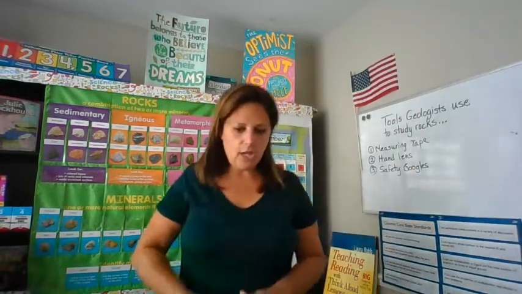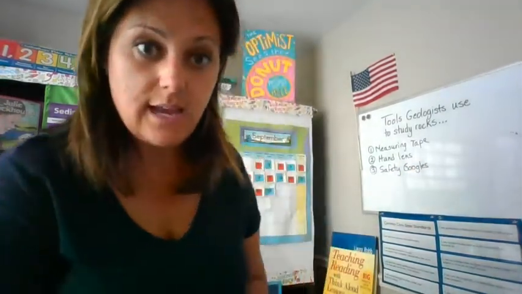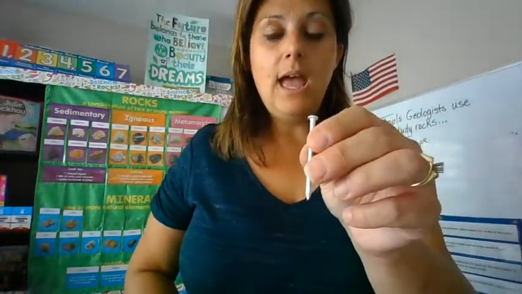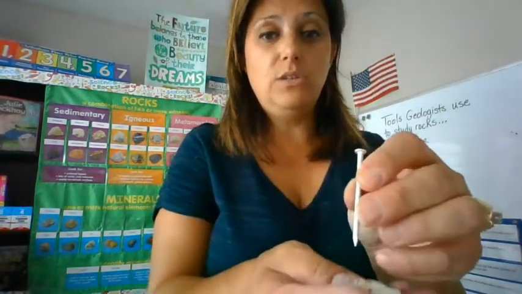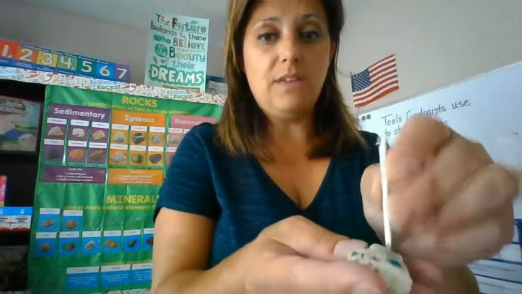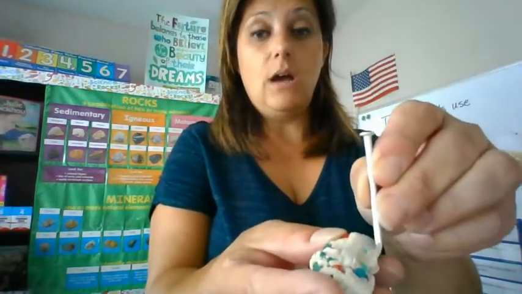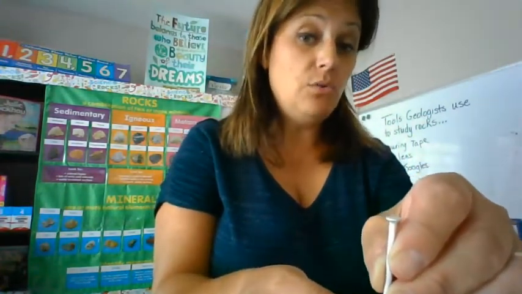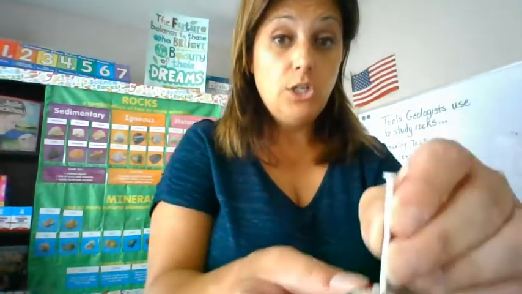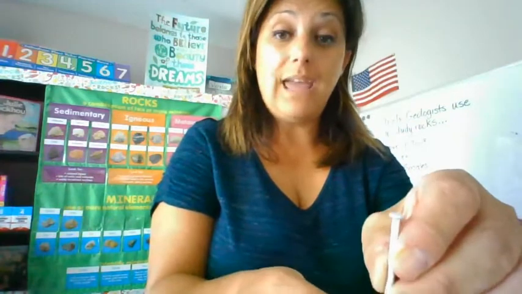A new tool that you're going to be using in the next lesson is a pick. This pick is kind of like a nail. You could think of it as something that you're going to use to break apart something. A real geologist might use a hammer, which as a junior geologist, you would have had the opportunity to do on our field trip, which hopefully I'll be able to take us on a virtual field trip to show you what it looks like out in the field.